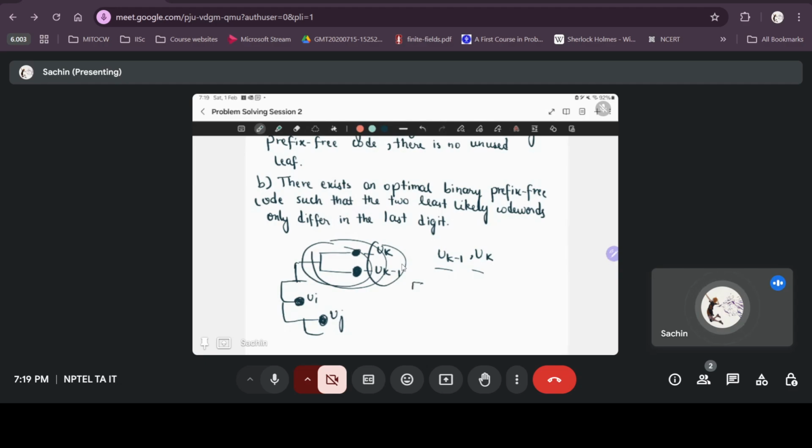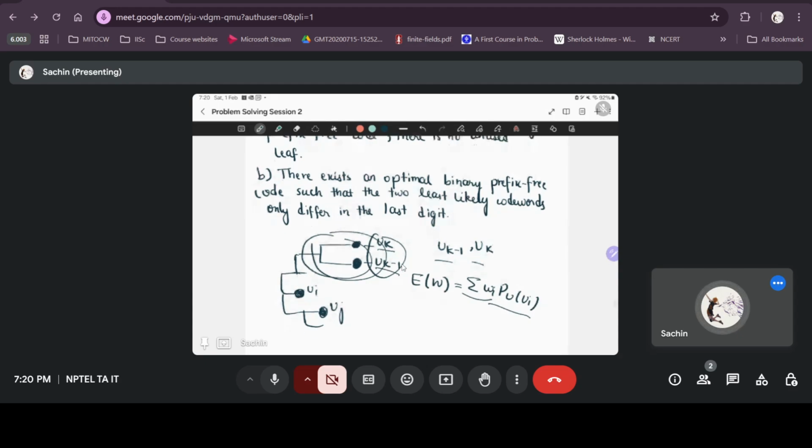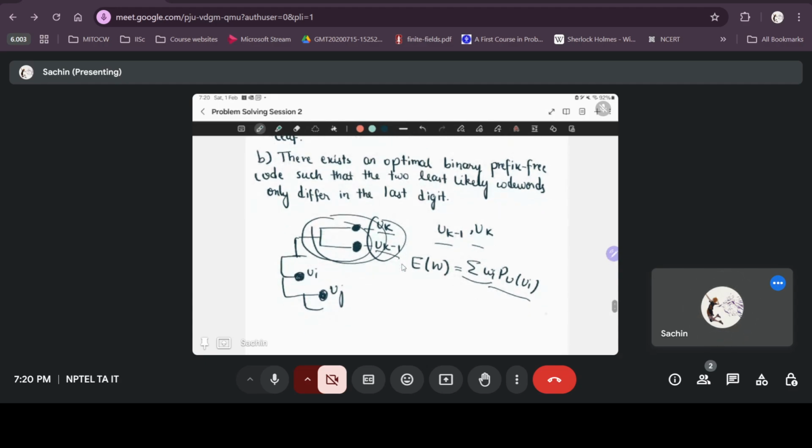So in the overall sum, the average code word length, which is the summation of l_i times P(U_i), earlier the least likely code words UK and UK minus 1 had smaller lengths, and more probable code words UI and UJ had larger lengths.